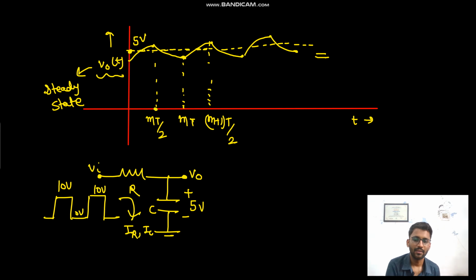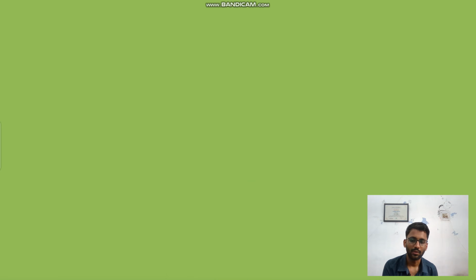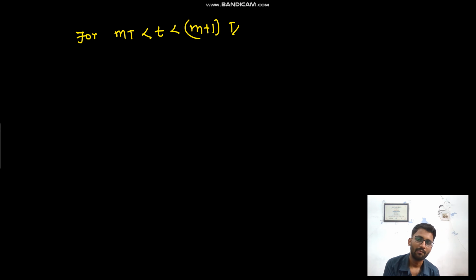Okay, so at steady state, this 5 volt is fixed. So what will be the value of IR? Let us call this one MT, this one M plus 1 T by 2, and so on. For MT to M plus 1 T by 2, your V in is 10 and your V output is 5 volt.